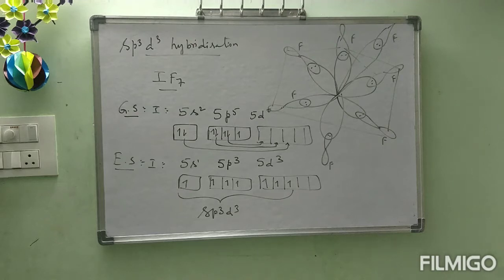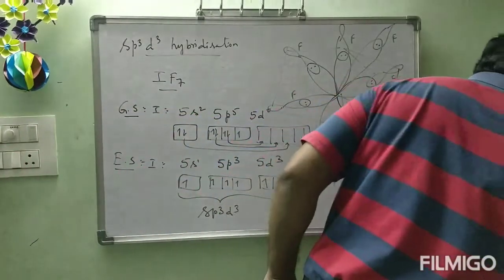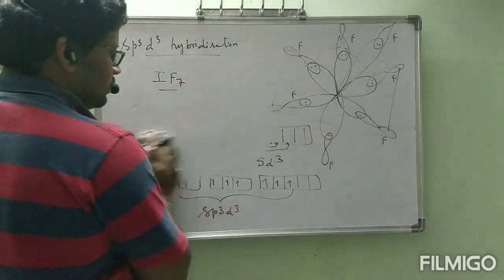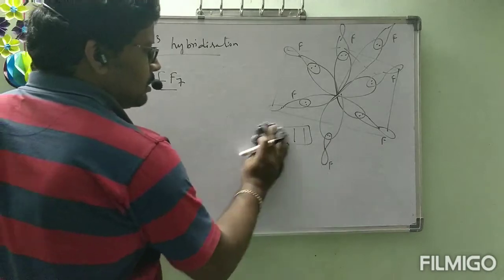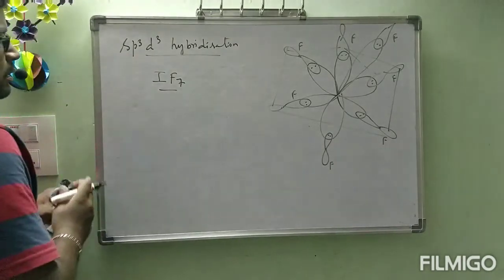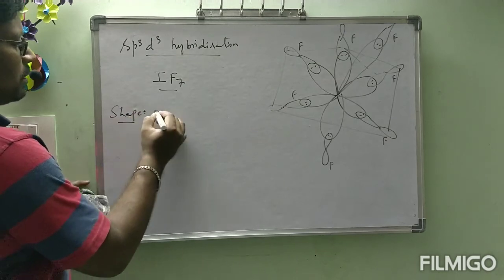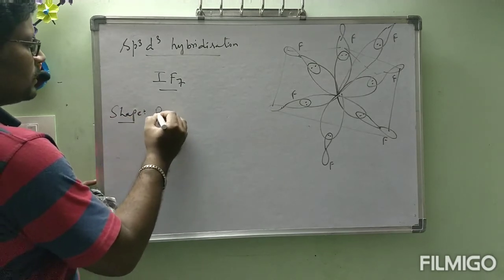Now I am going to write the name of the structure as well as bond angle also. Let us see. Shape: pentagonal bipyramidal.